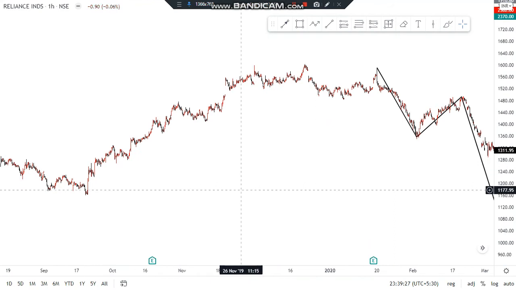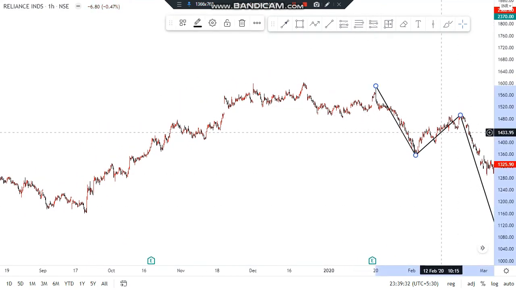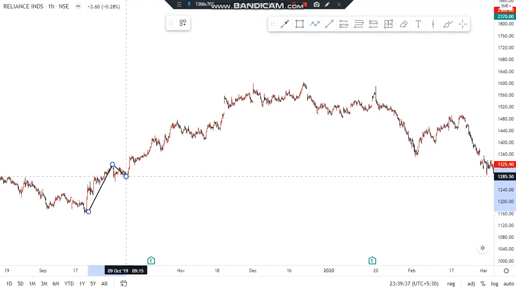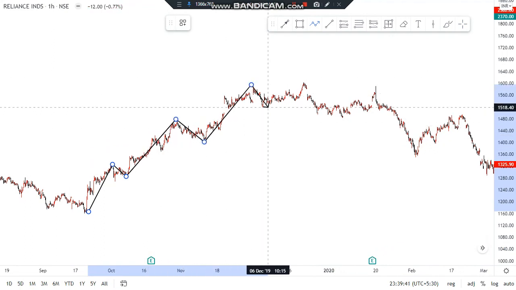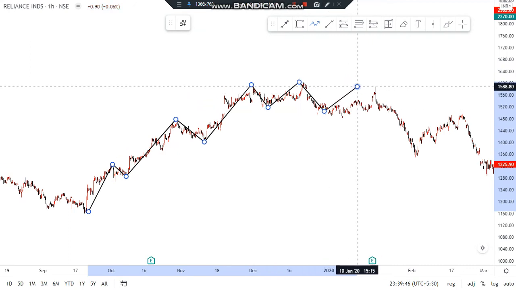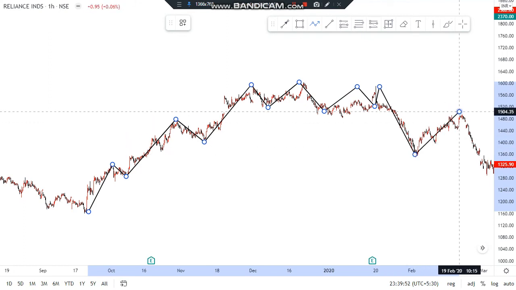Okay, so let's see. From this part you can see that the market was kind of moving in an uptrend, and then from this part onwards it was in a sideways trend until it broke structure here, then again went up.